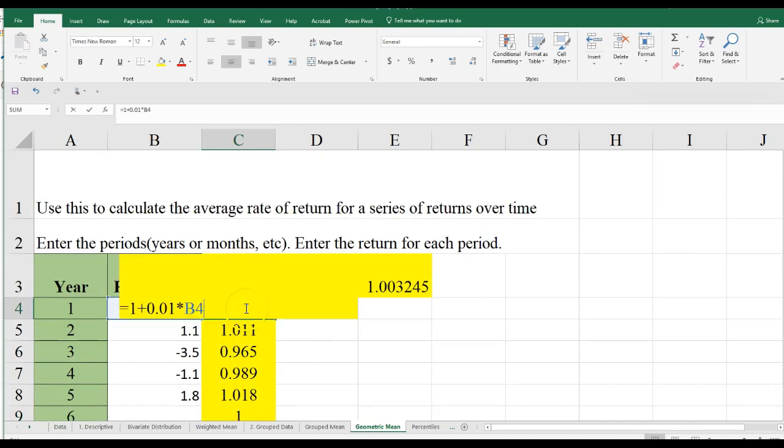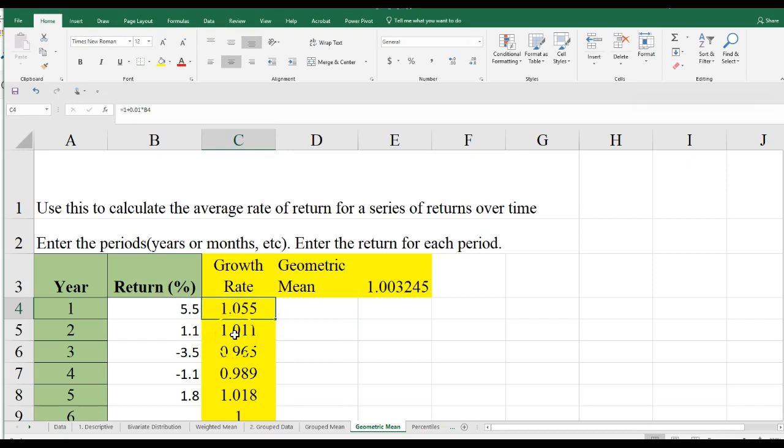Now, we calculate the growth factor: 1 plus 0.01 times each growth value. So in effect, we convert this to a decimal percent equivalent, and we add 1 to it.